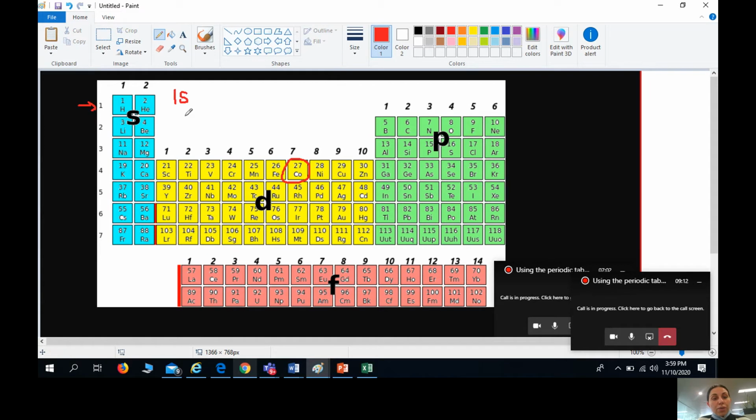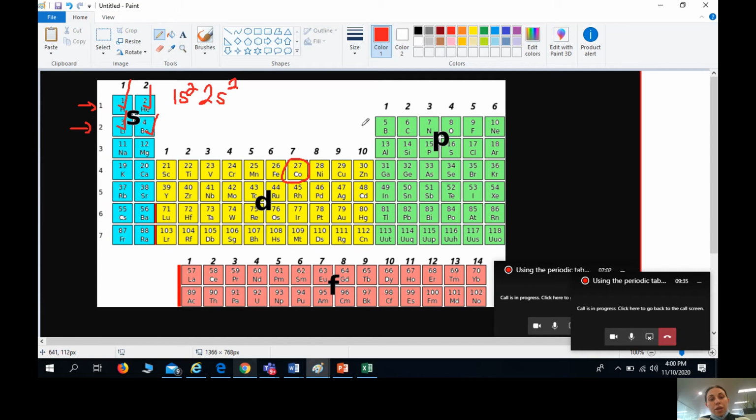And in order to get to cobalt, I have to pass both hydrogen and helium. So that's 2, so 1s2. Right? I keep looking, there's nothing left, so I move on to the second row. All right, so now I'm in row 2, so I write 2. I'm in the S block, so I write 2s. And again, I have to pass lithium and beryllium, so 2s2, because I passed 2 elements.